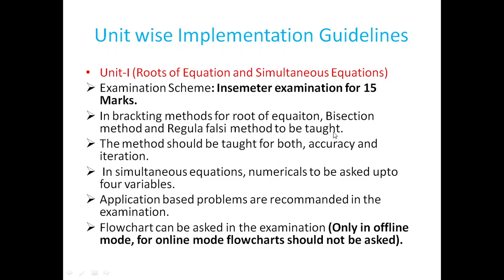The method should be taught for both accuracy and iteration. When you solve that numerical, if they have given the accuracy, suppose 0.01 accuracy, then we'll solve that example up to that accuracy 0.01.